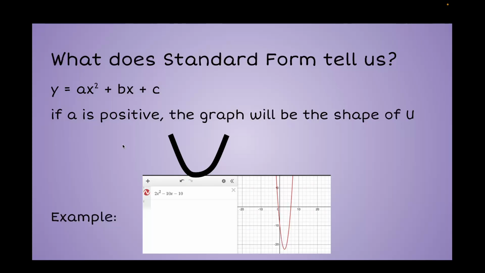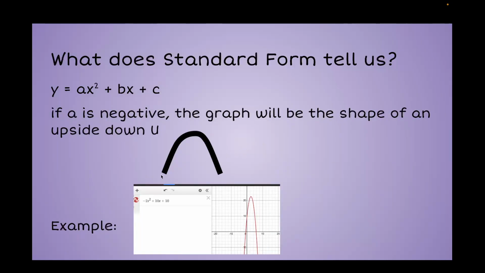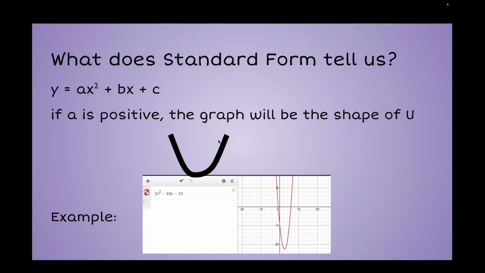So if a is positive, no matter what, then the parabola is going to be shaped like this, like a U. But if it's negative, then it's going to be an upside down U, going like this. You can think of it like this: this is the most important term, and when it's positive, it's going to make the numbers very big.